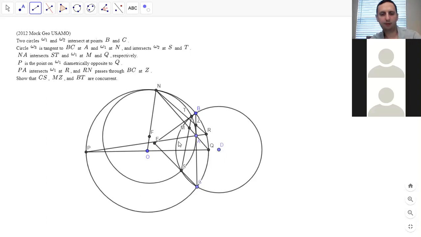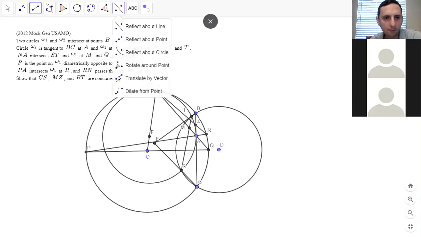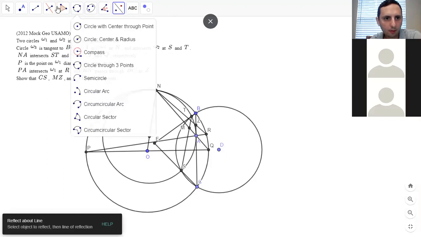I wonder if maybe we could use poles and polars. Because, let me see.